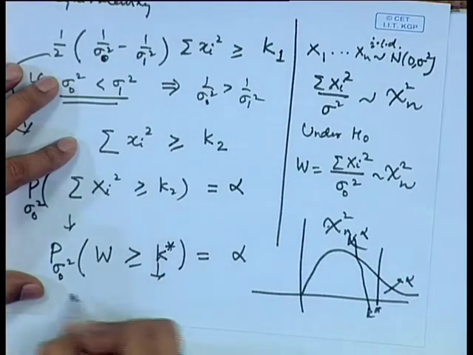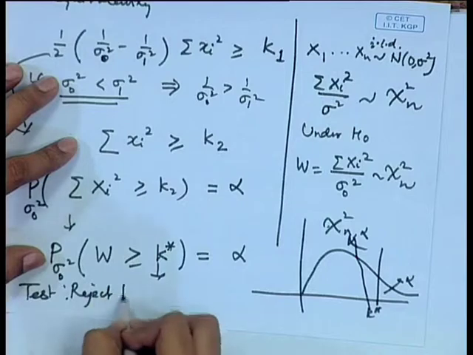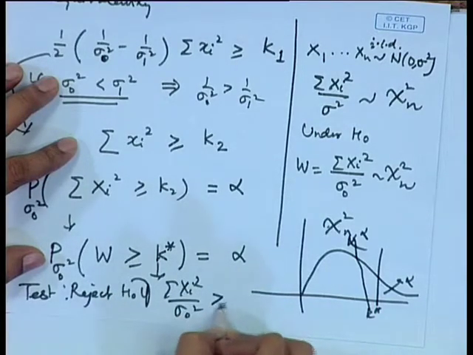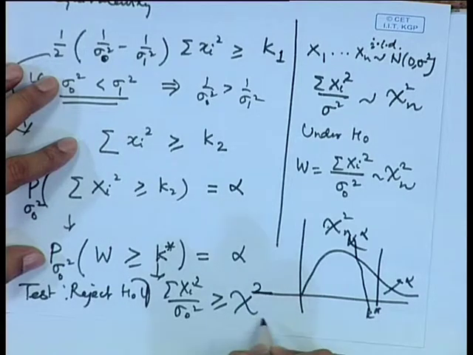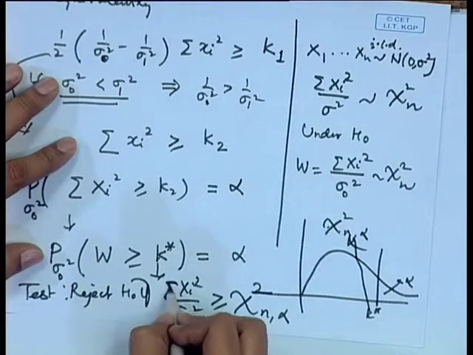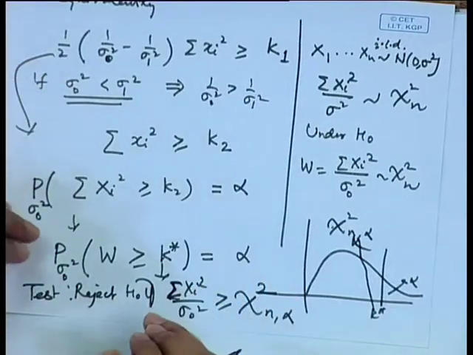That means the test is: reject H naught if sigma Xi square by sigma naught square is greater than or equal to chi square n alpha. Let us interpret this test here. We wanted to test whether the variance of a normal distribution is less or more, because sigma naught square we took to be less than sigma 1 square.